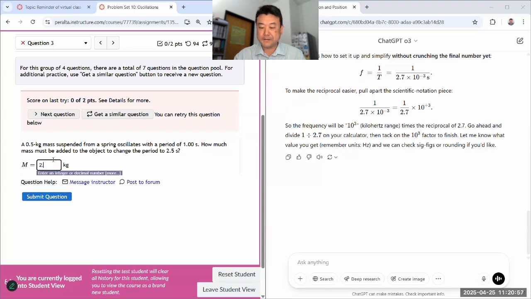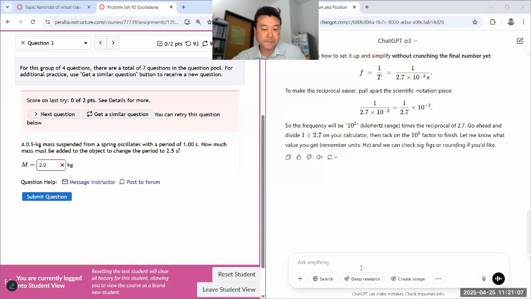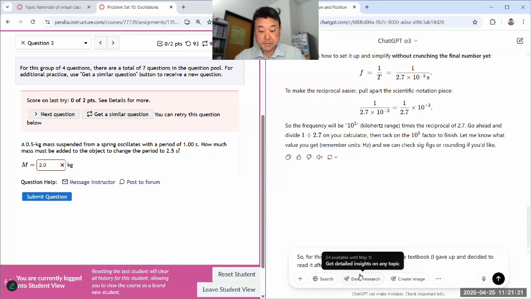So let me ask ChatGPT. Let's say I got close, but didn't quite get it right. For this question, I found a formula in the textbook. Gave up and decided to read it after all. It says period is proportional to the square root of mass.